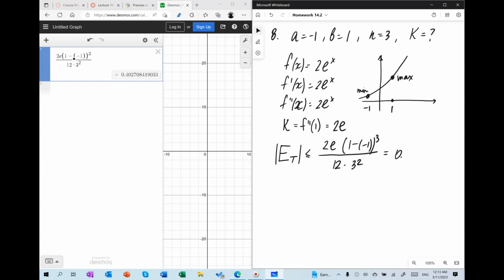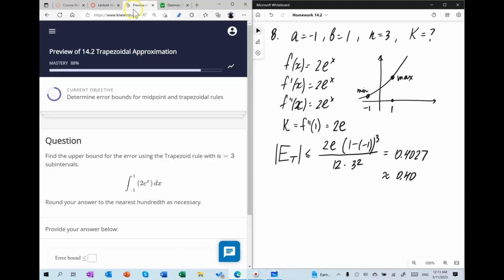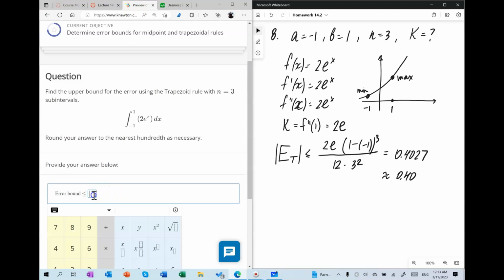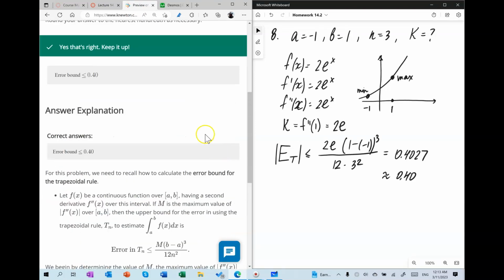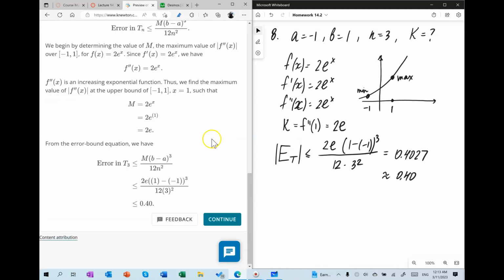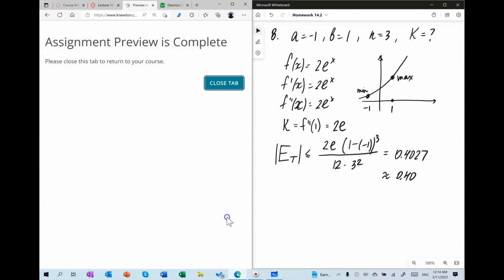And the answer that we get is 0.4027. And if we had to round, it's 0.40. And it seems like we achieved 100% mastery here. And if you have any questions, feel free to reach out.